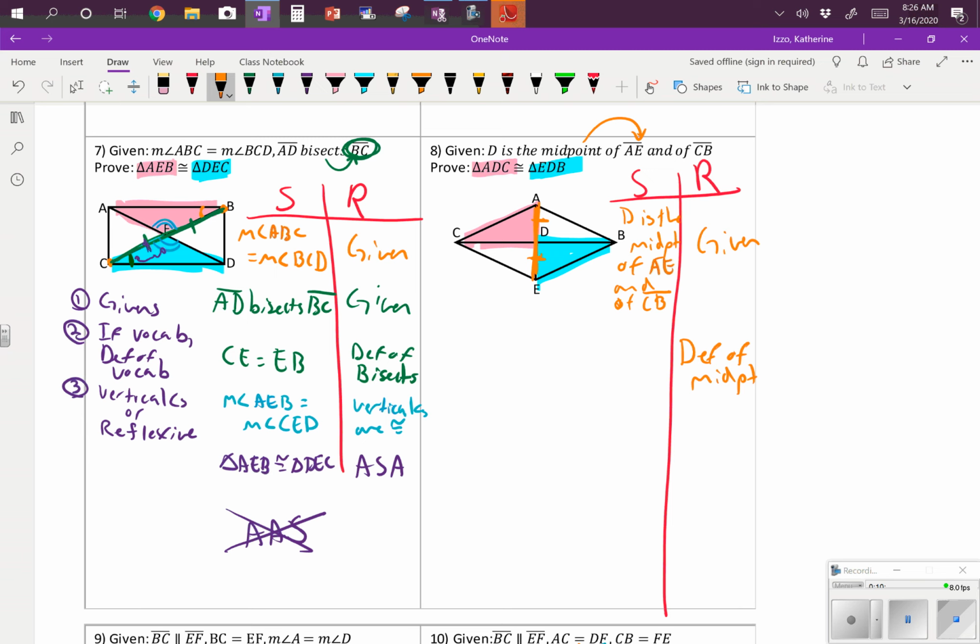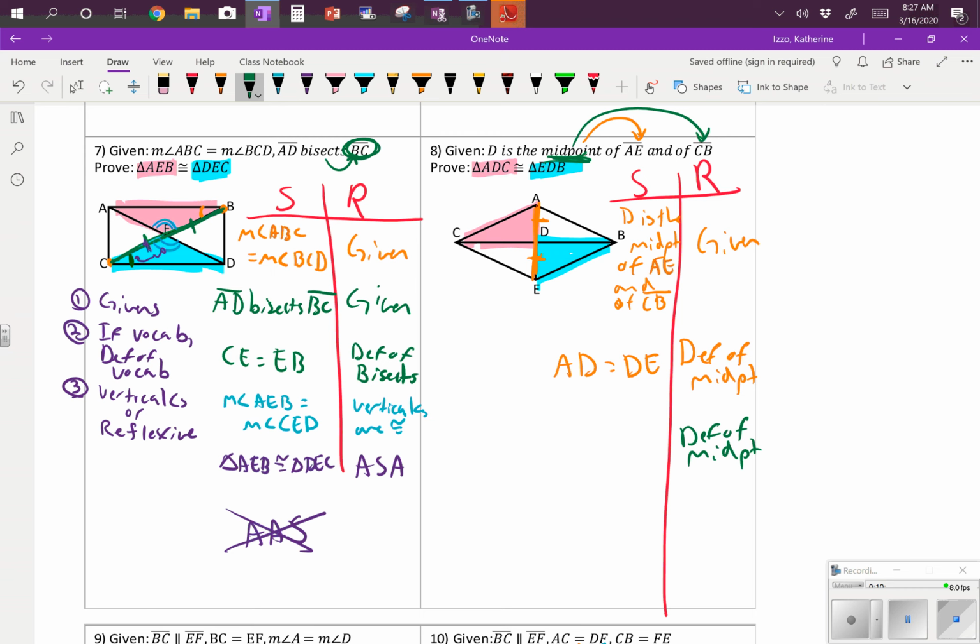And the definition of midpoint is that it takes one side, one full side, and it splits it in half to AD and DE. Now, if you notice, it says that it's the midpoint of AE and of CB.